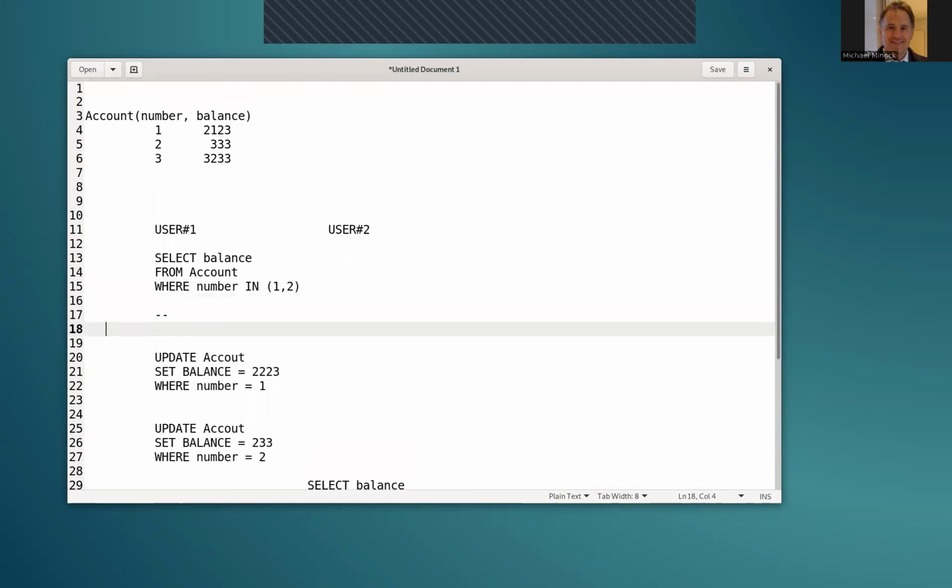What is this actually doing? It's taking transfer. So this is how you do a comment in SQL, by the way. Transfer $10 or 10 units, whatever, or 100 units, from 2 to 1.